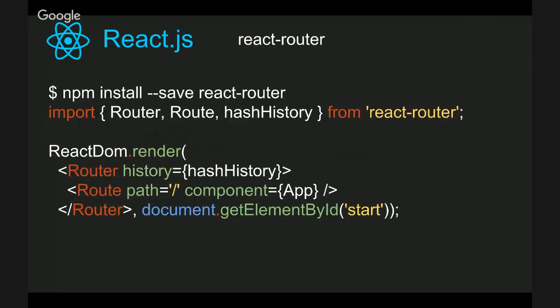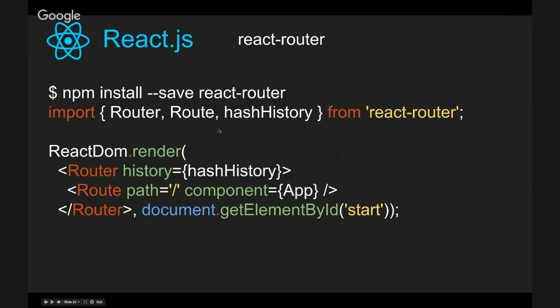How does it work? Well, first we have to install it with npm install --save react-router. And then we have to import these three parts on the main file. We're going to import another component from the router in the nav menu, but we're going to see that later. We're going to import the router, the routes, and the hash history.